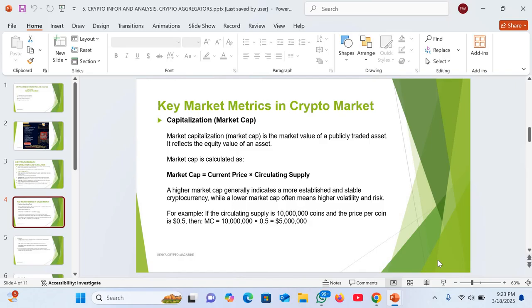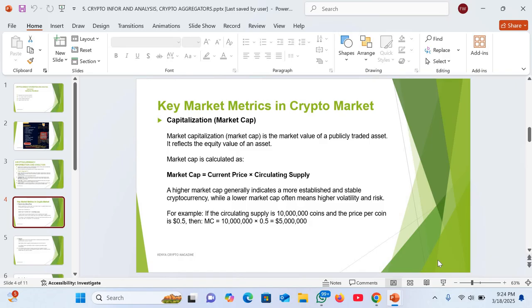So, how do you calculate market cap? It is simply the current market price times the circulating supply, and in this case, I will use the example of Bitcoin.